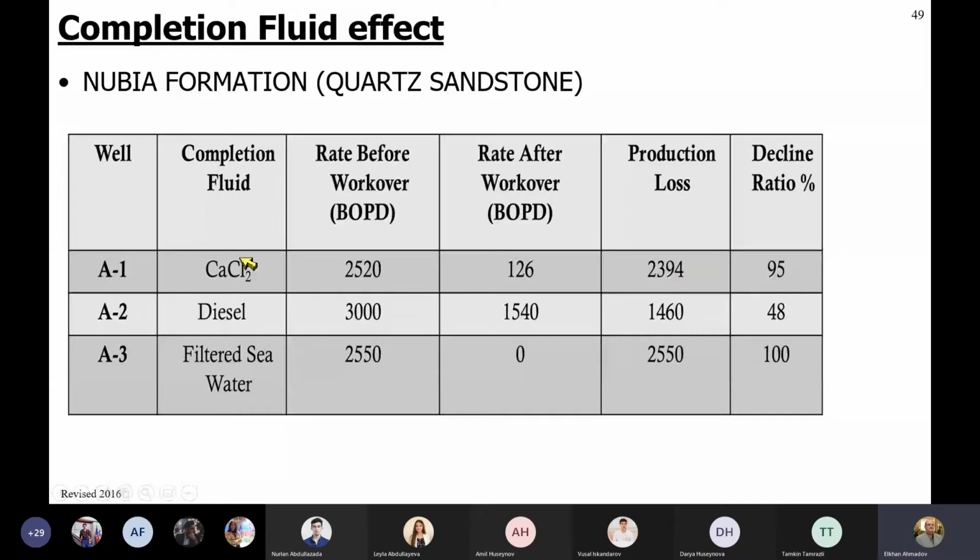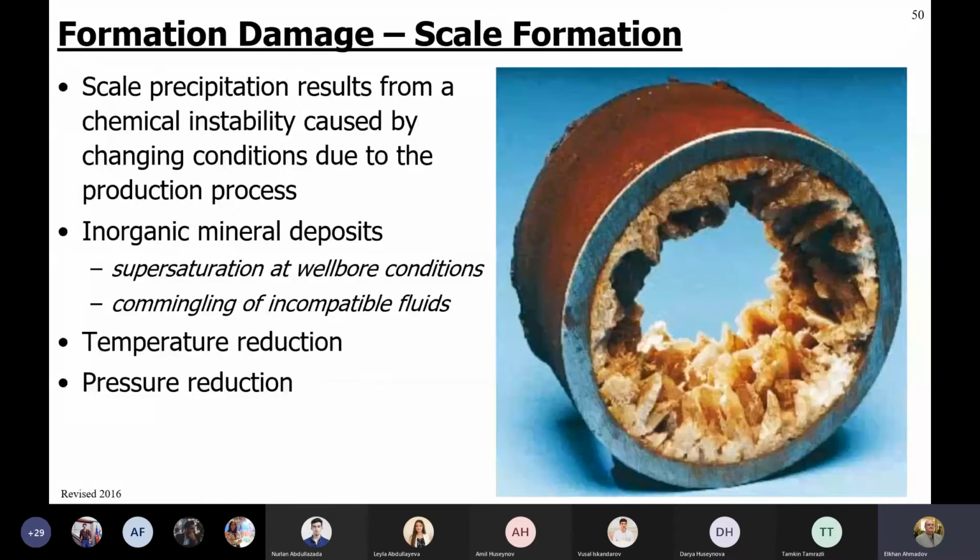Inorganic scale formation happens mostly in the tubing. It is due to pressure and temperature change in the wellbore.